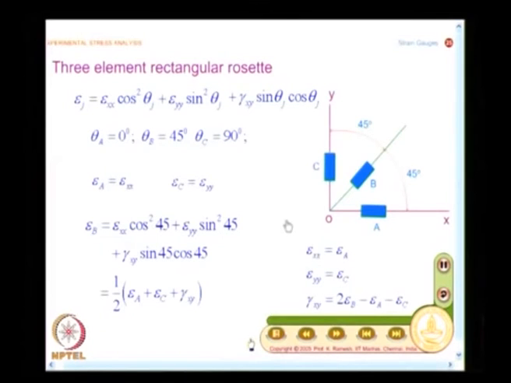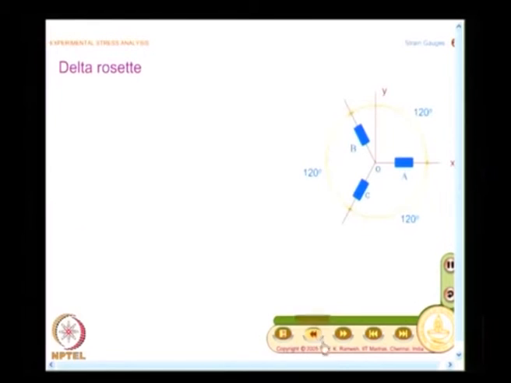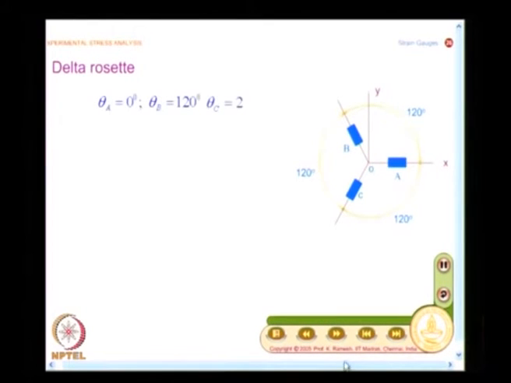Another popular rosette is a delta rosette, and in this you have strain gauges aligned at 120 degrees each, and what you have here is theta a is 0 degrees, theta b is 120 degrees, theta c is 240 degrees.